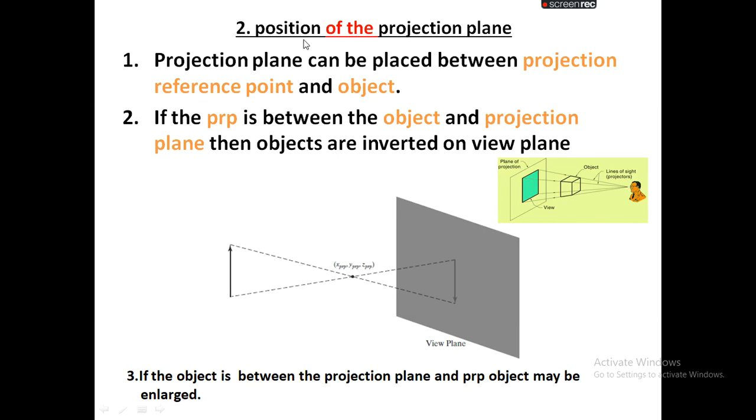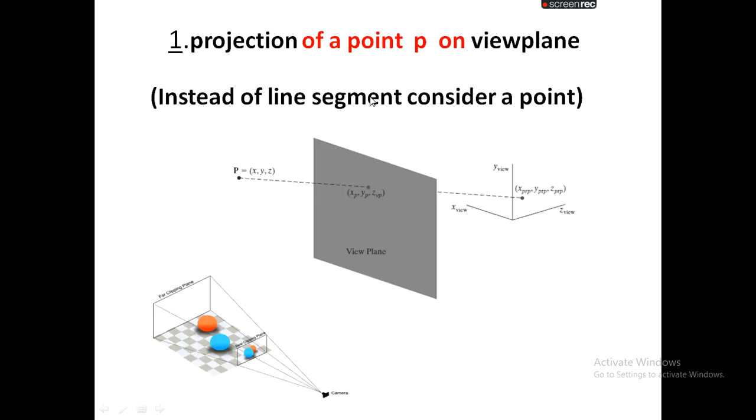Second, we need to define the position of the projection plane. You can place the projection plane in different places. As I highlighted in the first point, the projection plane can be placed between the projection reference point and the object. As you can see in this diagram, we placed the projection plane between the object P and the projection reference point.